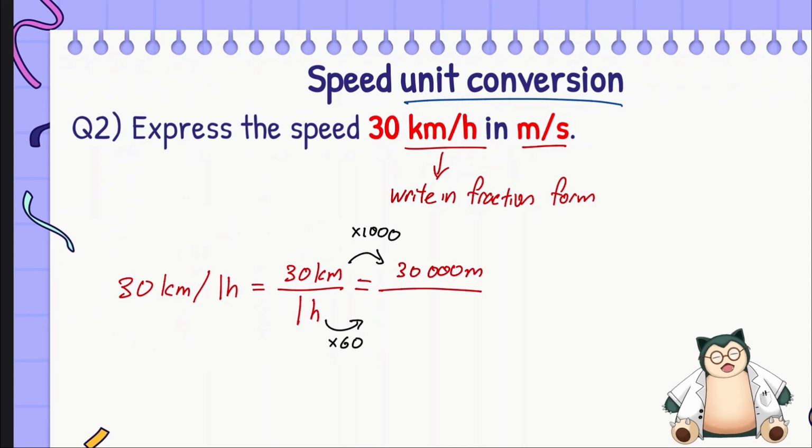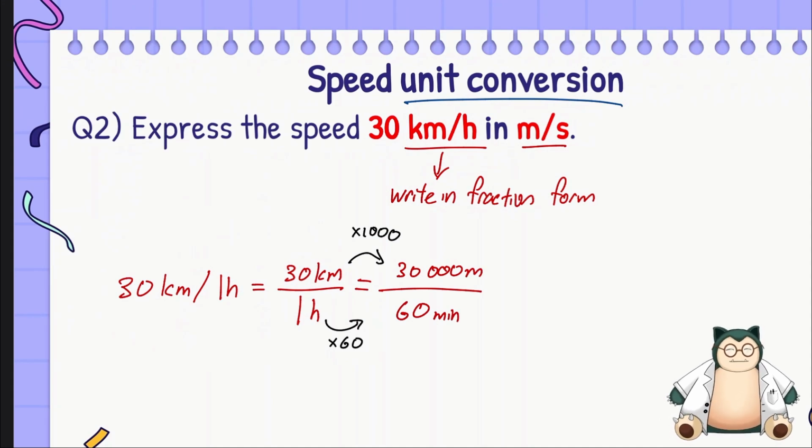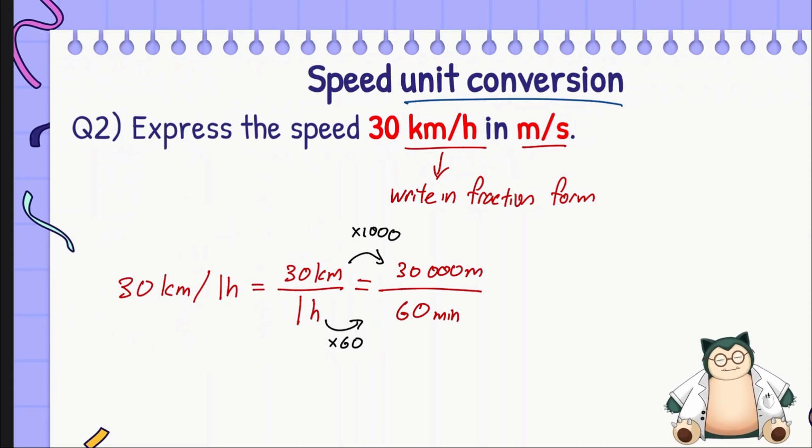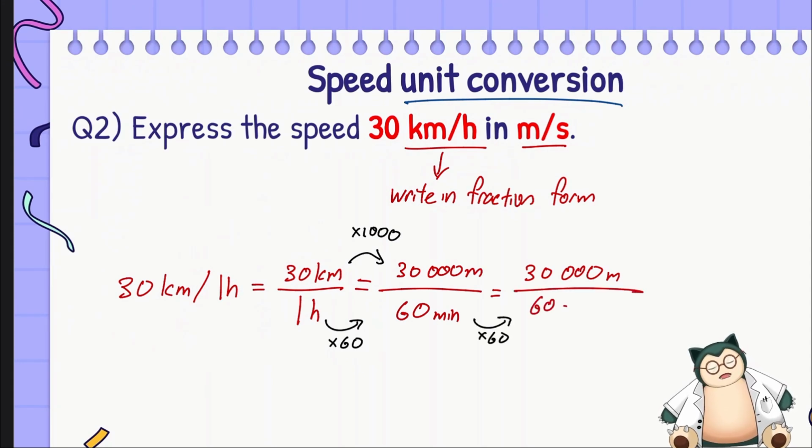So we multiply 60 to the denominator, you get 60 minutes. But that's not our end goal. We want seconds, so we just multiply by another 60. We get 60 times 60 seconds.